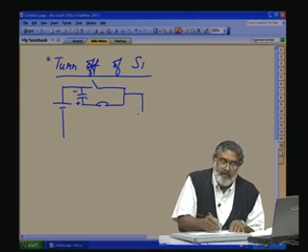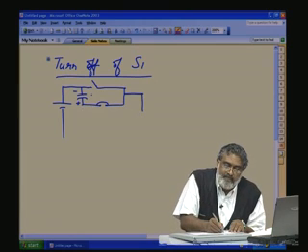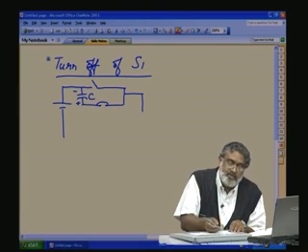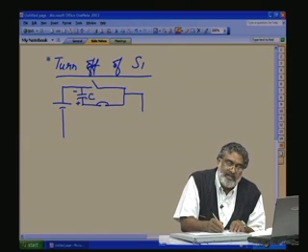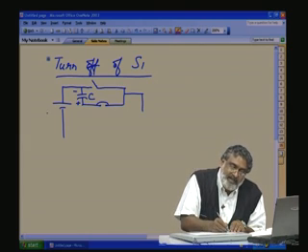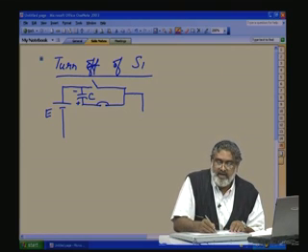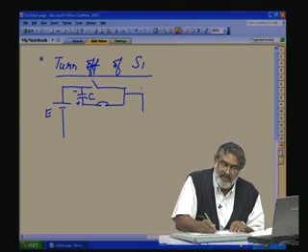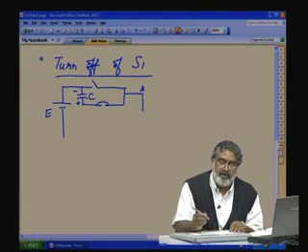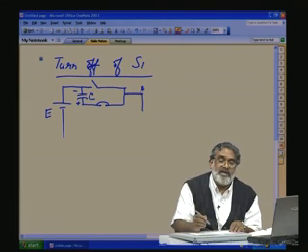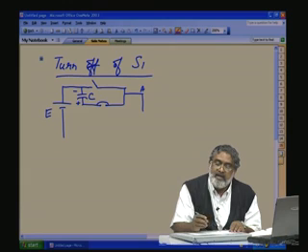Why? When S1 is turned on, the voltage across the capacitor C is E, so this 2E will come here at this point. Let us say this is A, at this point A, the diode is reverse biased. The diode will not conduct now.